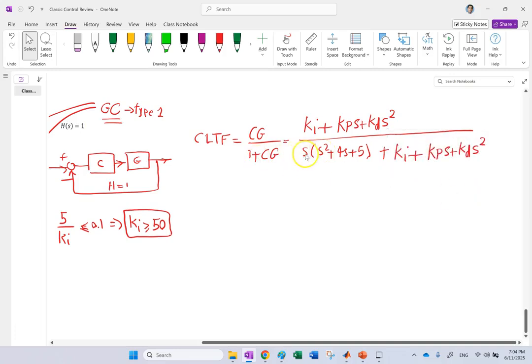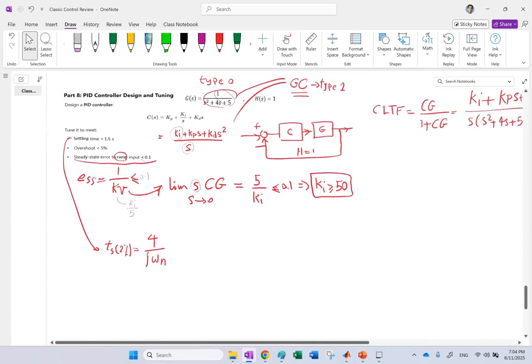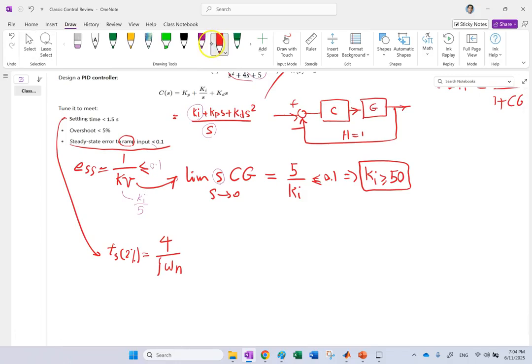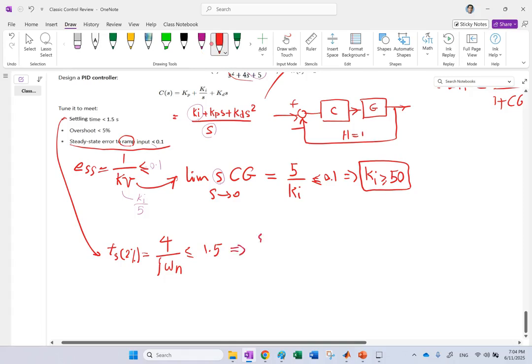So clearly you see it has s cubed, it has 3 poles, but again, for the 2 dominant ones, if we have a zeta and omega n for them, then 4 over that is the settling time, and we want this to be less than or equal 1.5 seconds. Therefore, your zeta omega n should be bigger than or equal 2.67.